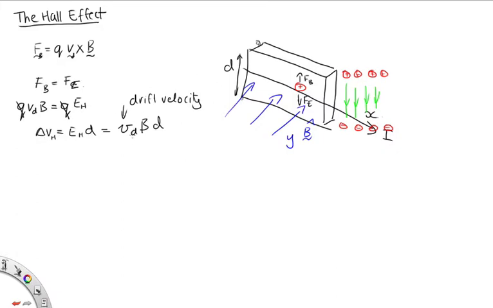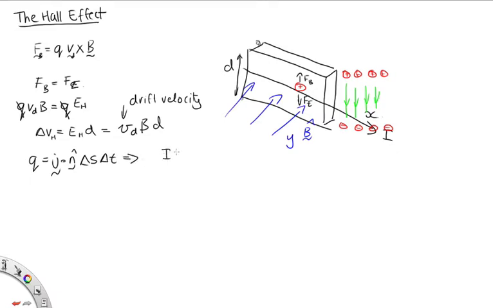So how can we write Vd? Well, let's just remember what we did about charge density before. We said that the charge is equal to the charge density in the normal direction times the surface area times the time. And we know that current is just charge over time.